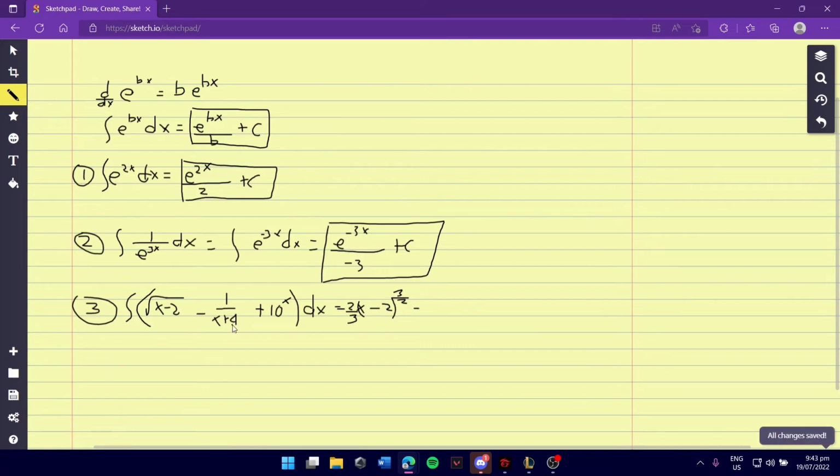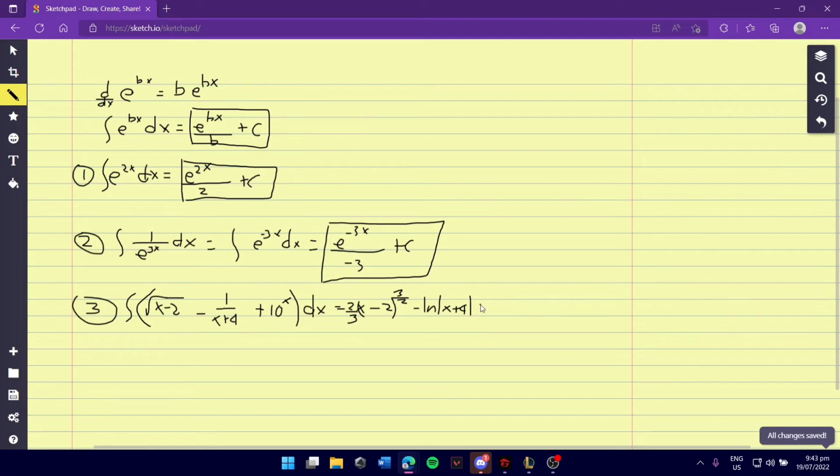So next, since this is negative, we use our logarithmic formula, the term is ln times the absolute value of x, which is x plus 4.